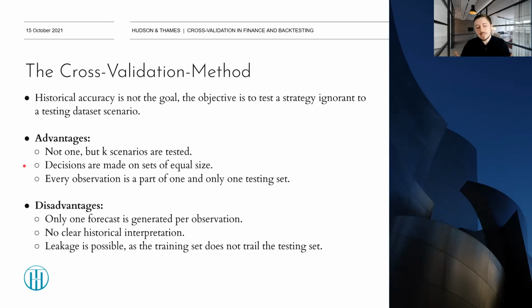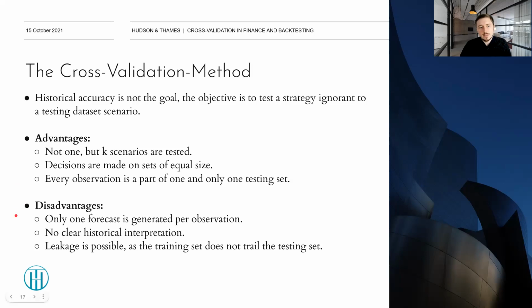Since the original data set is split into roughly the same chunks of data, and the information in these chunks is roughly equal, we're making decisions based on those k roughly equal parts of performance outputs. Also, the advantage is that every observation is a part of one and only one testing set, meaning that we're utilizing each element in our data set to generate the performance metric.